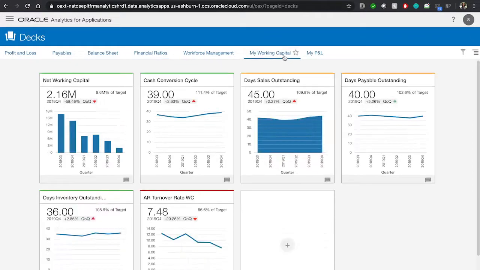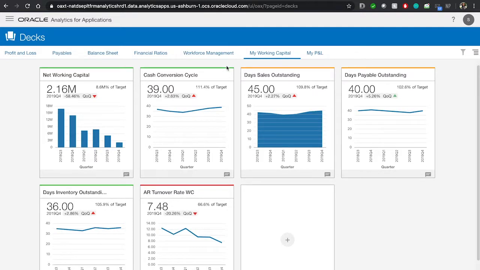On the My Working Capital deck, this is a deck that the financial manager has customized himself and put in the KPIs that he believes best attribute to the payables metric. He's included the KPIs like net working capital, days sales outstanding, days payable outstanding, and much more. And just by a quick glance, he's able to see, based off the alert colors, green, yellow, and red, which of these KPIs are outperforming each other or are performing poorly.